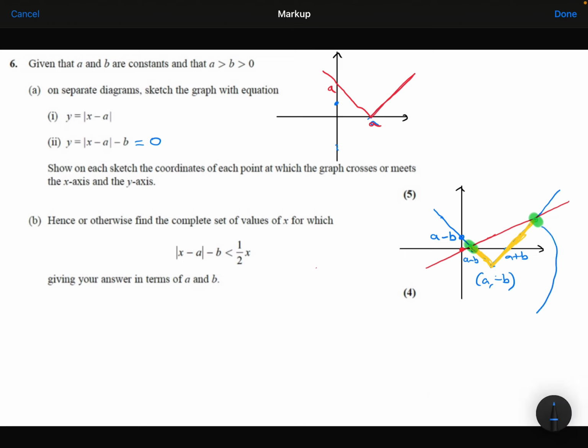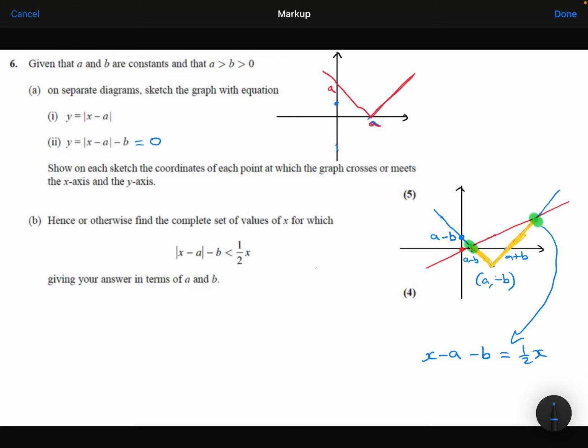So let's start with this one here, because that's the simpler one, because this was the bit of the graph that was not affected by the modulus. So I can just take my modulus and say x minus a, ignore the modulus completely, minus b is equal to half x.